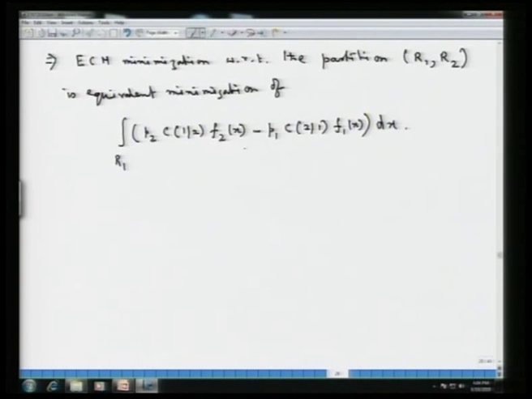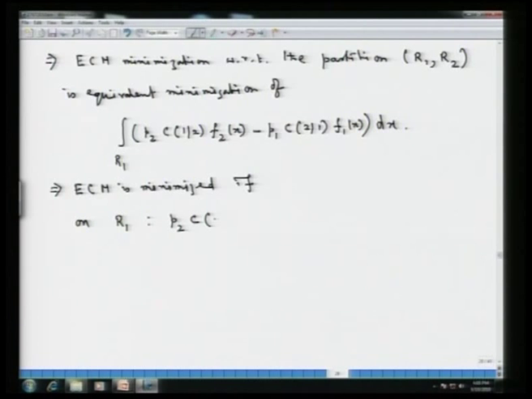This is where we are trying to find R1 such that this is minimized, and thus the ECM minimizing rule would imply that ECM is minimized if on R1 we have this quantity less than or equal to this particular quantity, and this is where the region comes in.